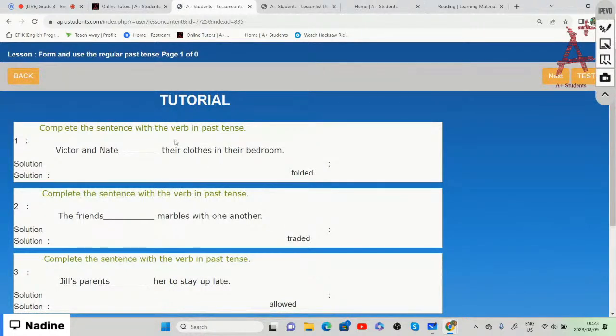All right. Victor and Nate. We need to choose a word. Victor and Nate. So we can say folded the clothes in the bedroom. Folded.